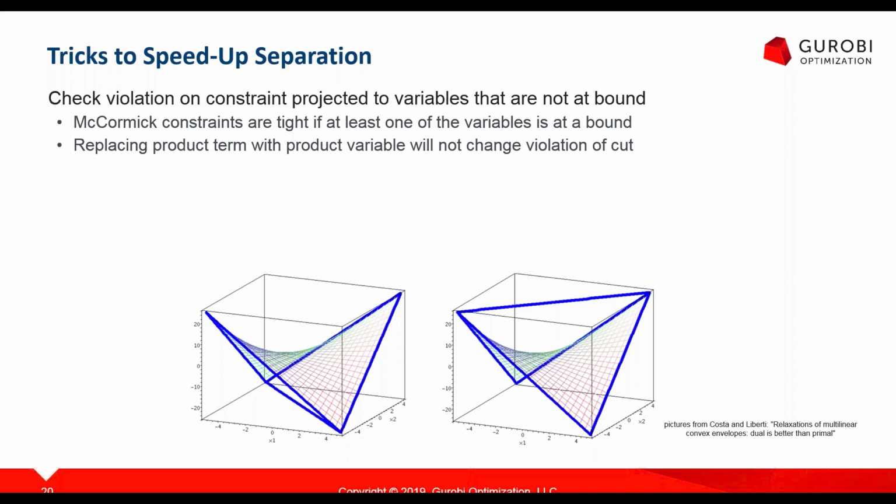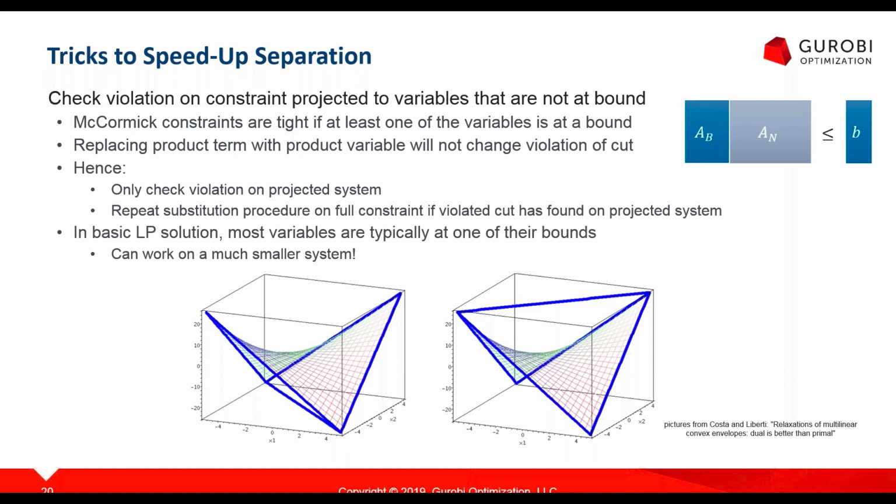In other words, this means that in the LP relaxation, if at least one of the two variables is at a bound, then there is no way that the corresponding McCormick relaxation solution can violate the bilinear constraint. And that means if we are looking for violated cutting planes that are formed by exploiting violated bilinear constraints, we only need to look at variables that are not at one of their bounds, so that are strictly between their bounds.